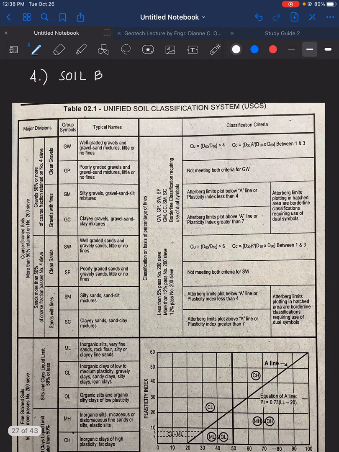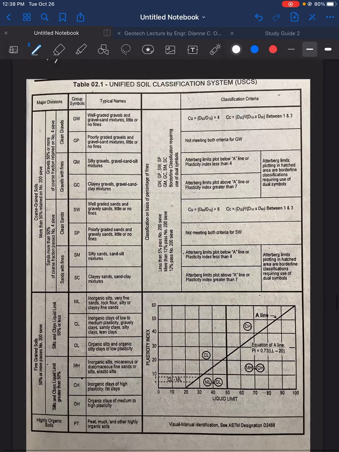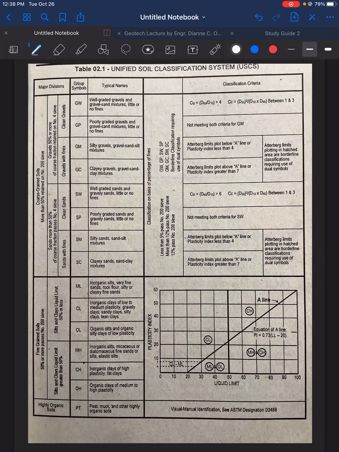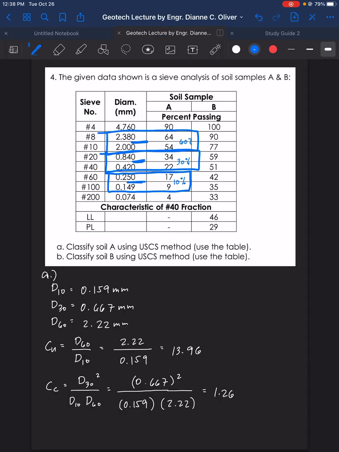Right, so let's start with the first criteria on the leftmost portion. Let's choose between these two. And we are focusing on sieve number 200. What is the percent passing for sieve number 200?